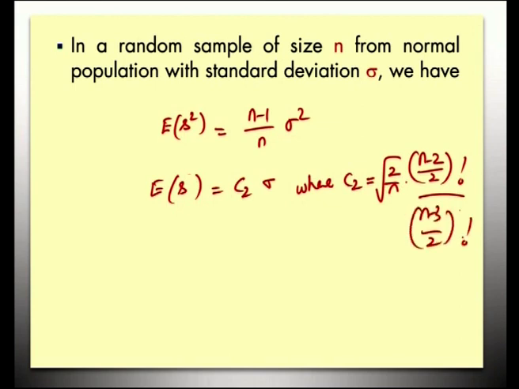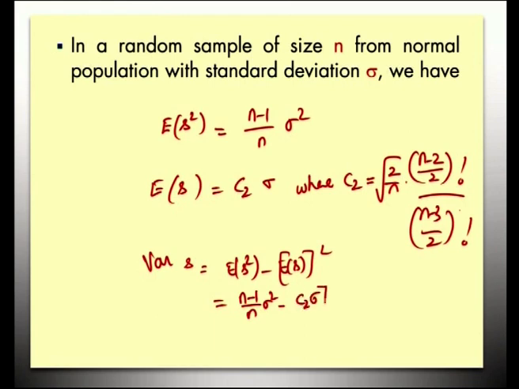And variance of S is equal to expectation of S square minus E of S whole square, and this is (n minus 1) by n sigma square minus (C2 sigma) whole square. So, this is ((n minus 1) by n minus C2 square) into sigma square.